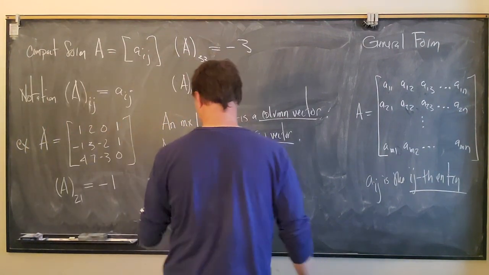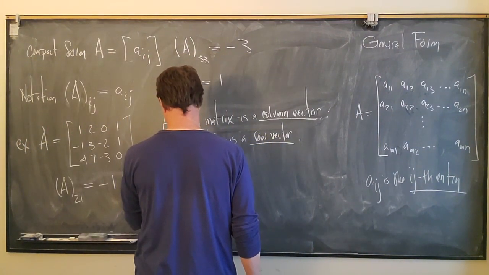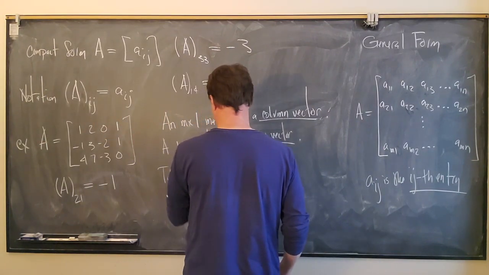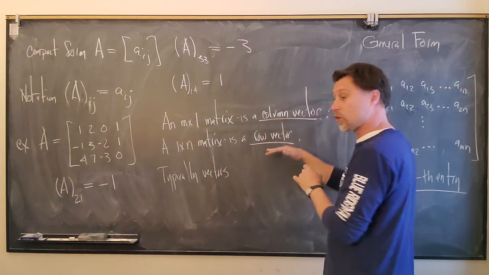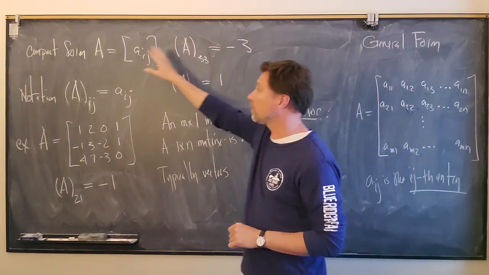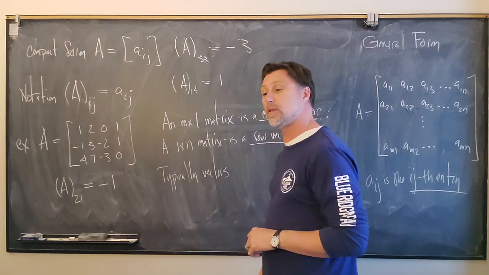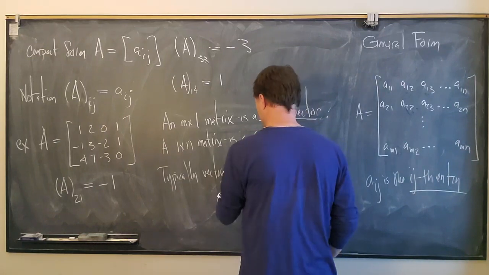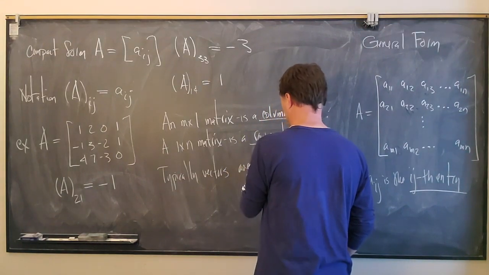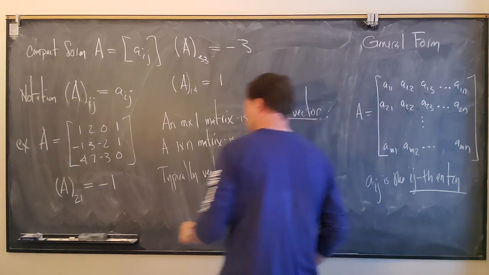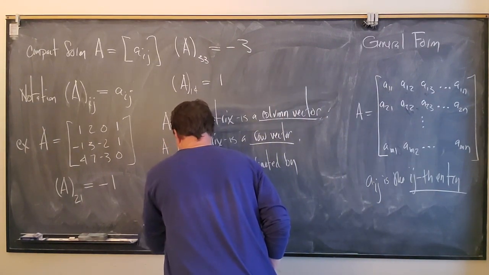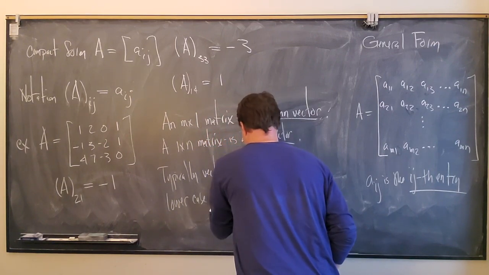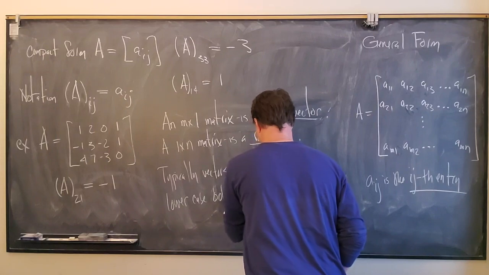I don't usually use that notation, so I'll just say column vector or row vector. Now, typically, vectors, either the column vector or the row vector, rather than using capital letters, capital A, capital B, those are typically denoted by boldface lowercase letters.